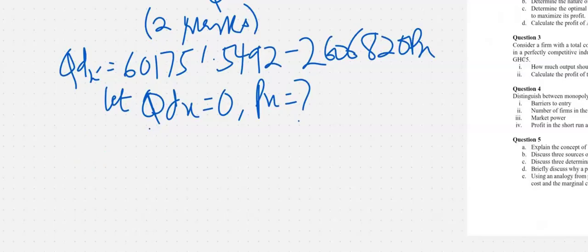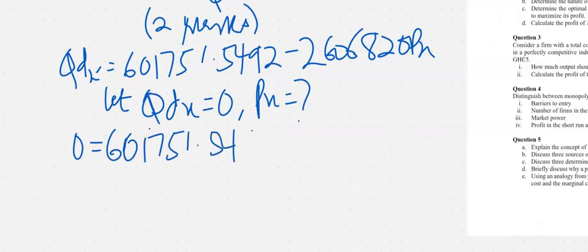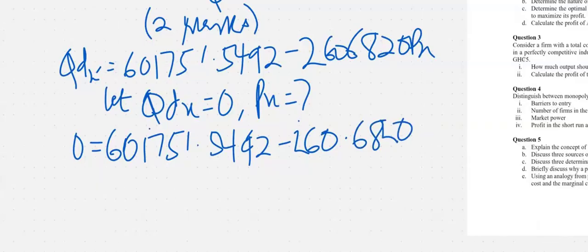So we're going to have 0 equals 601751.5492 minus 260.6820 PX.